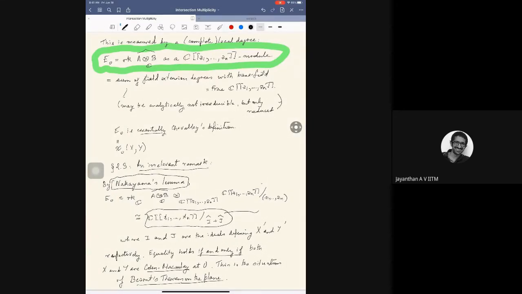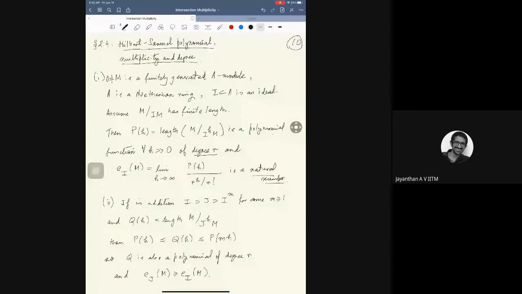In fact, it is free if and only if both the varieties that you're intersecting are Cohen-Macaulay at that point. And as we have seen, counting the length by using the minimal number of generators is greater or equal to the correct length. And the correct length is definitely the correct length because that is what you get under perturbation.